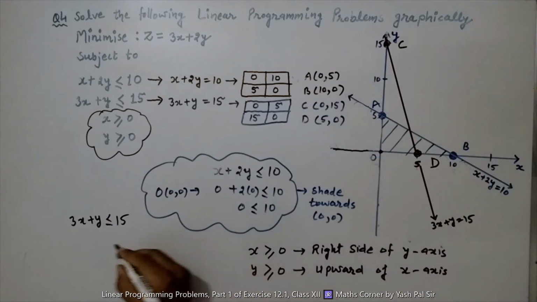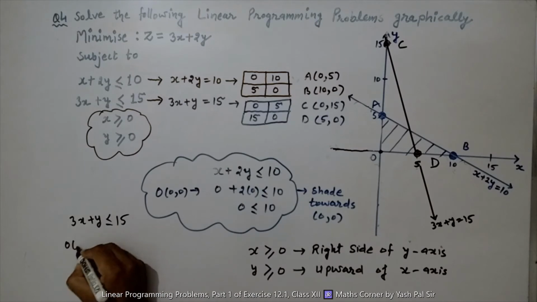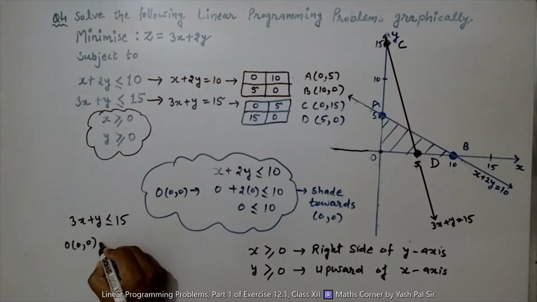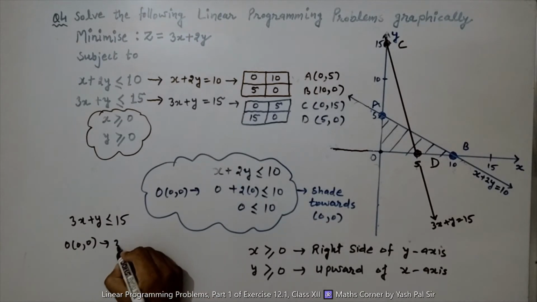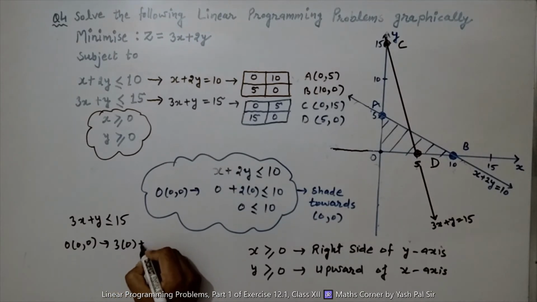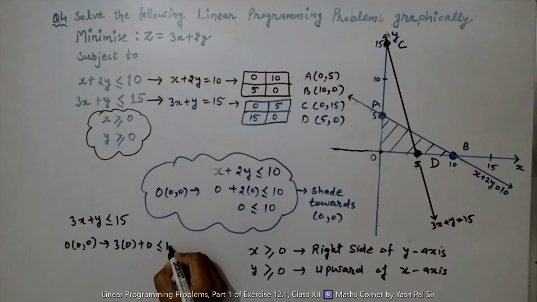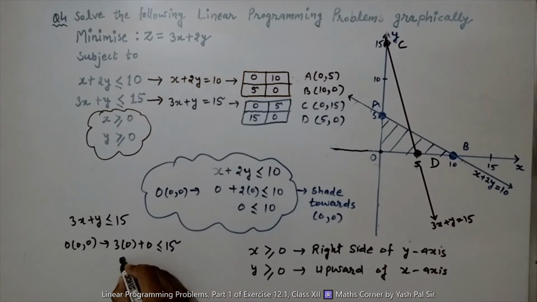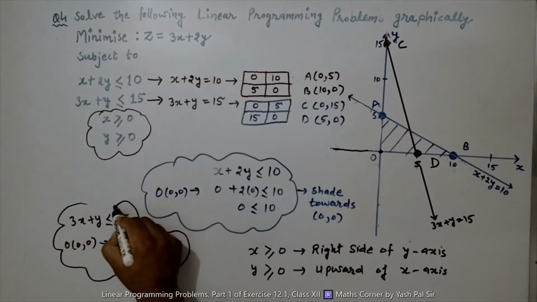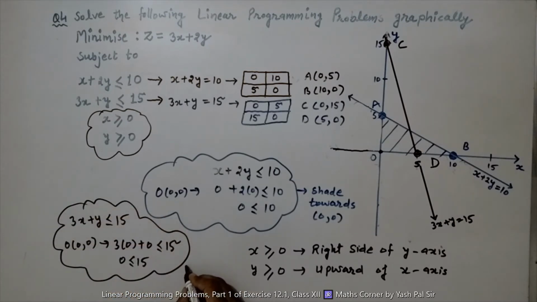So again we take 0, 0 because this is the most convenient point. We put it here, this becomes 3 into 0 plus 0 less than or equal to 15. So 0 is less than or equal to 15. Again what do we say? Yes, this is true.